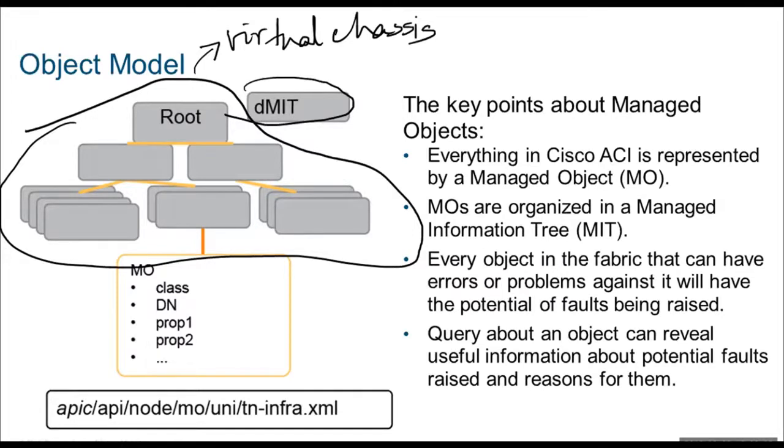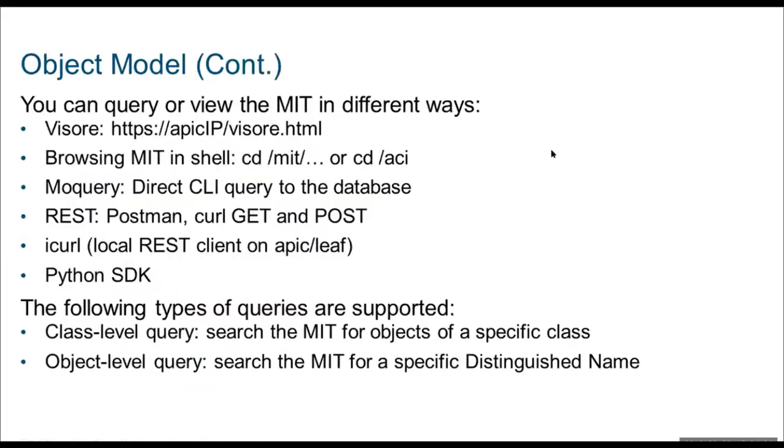You can go ahead and use Visore, use that utility. Every object in this fabric will have its own errors and problems, which will be categorized in this tree somewhere. Querying an object in the tree will give you all the related information. That shows you Visore would be a smart move.